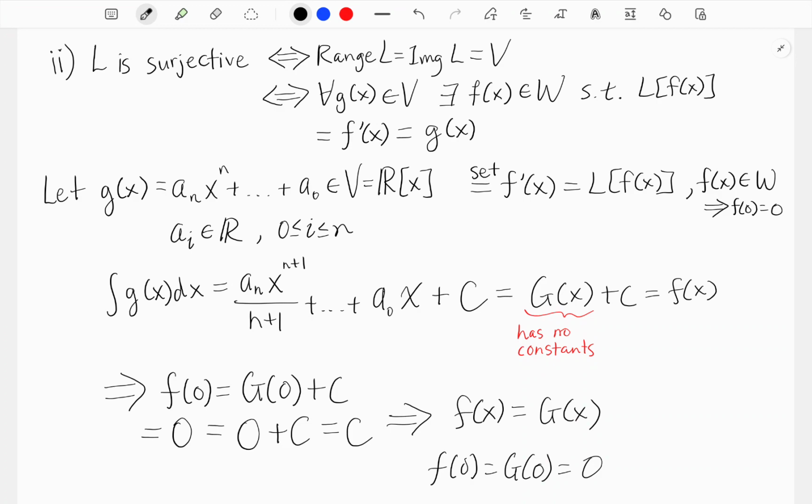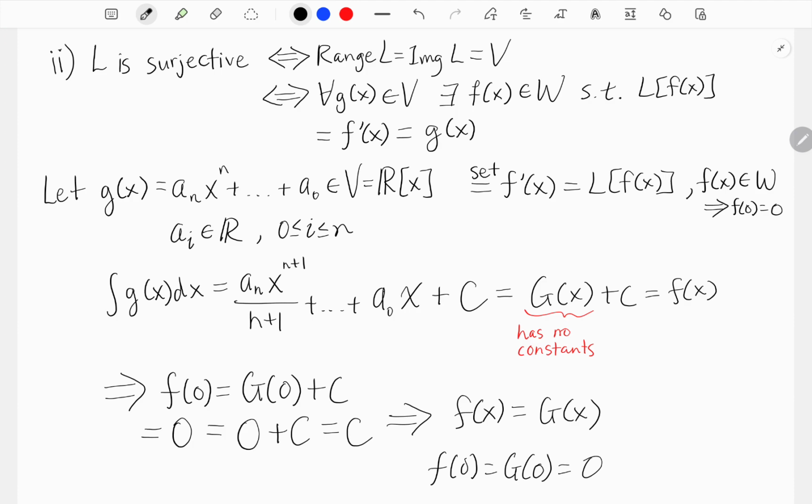So essentially just working backwards. And of course, in order for me to work backwards, I must make sure that my final f of x that I found indeed satisfies the fact that f of 0 is equal to 0, which is good.